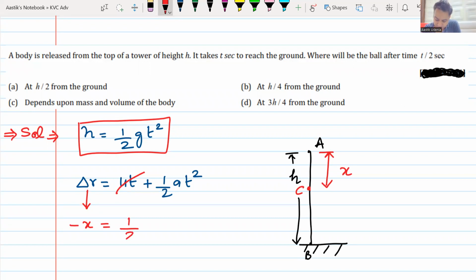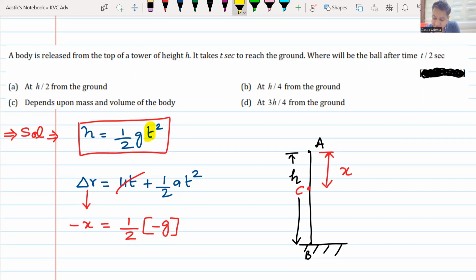Half, acceleration is equal to minus g, into how much is time? Here we have taken the time as t. So now the time becomes t by 2, half time, yes or no?